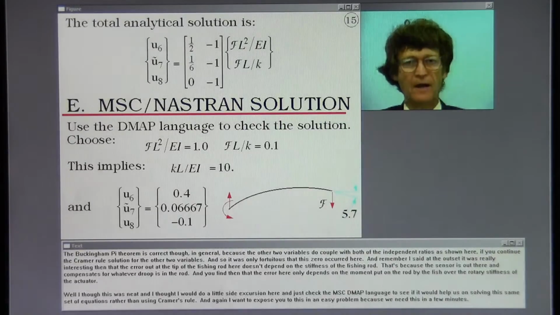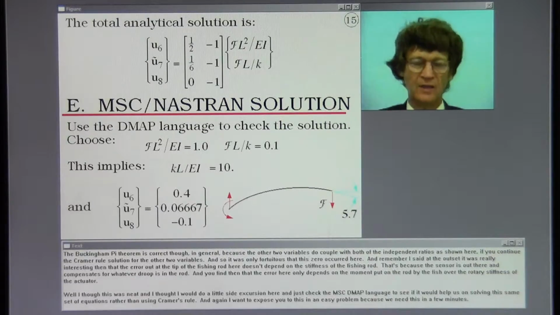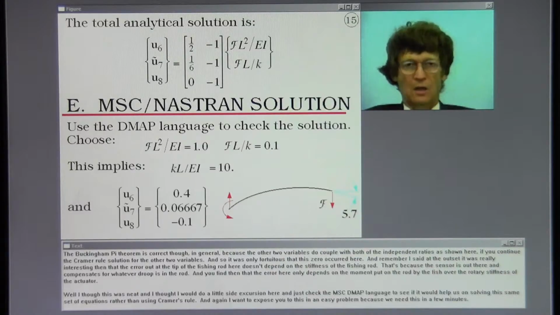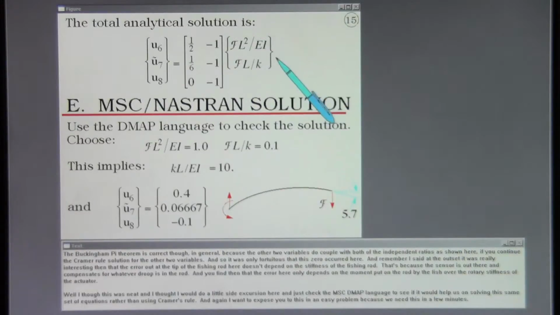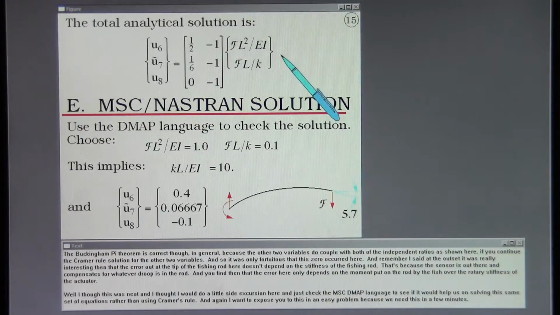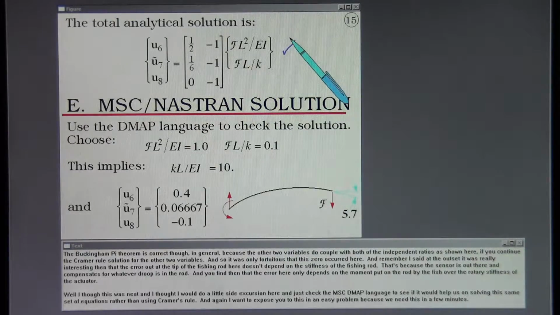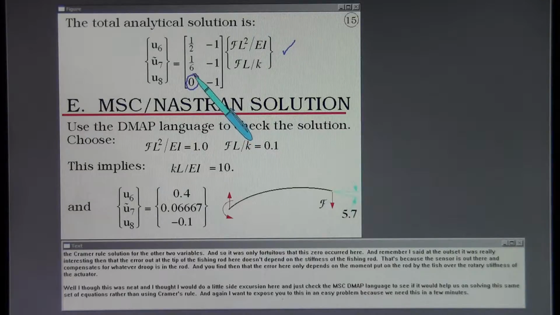The Buckingham Pi Theorem is correct, though, in general, because the other two variables do couple with both of the independent ratios as shown here, if you continue the Cramer's rule solution for the other two variables. And so it was only fortuitous that this zero occurred here. And remember, I said at the outset, it was really interesting that the error out at the tip of the fishing rod here doesn't depend on the stiffness of the fishing rod.